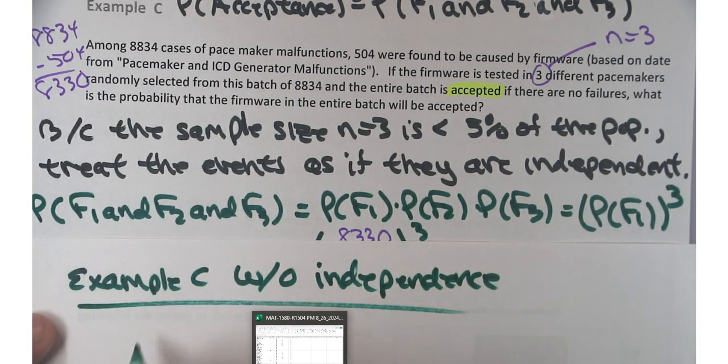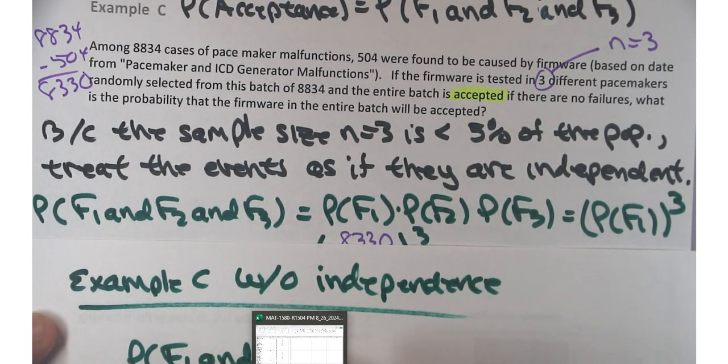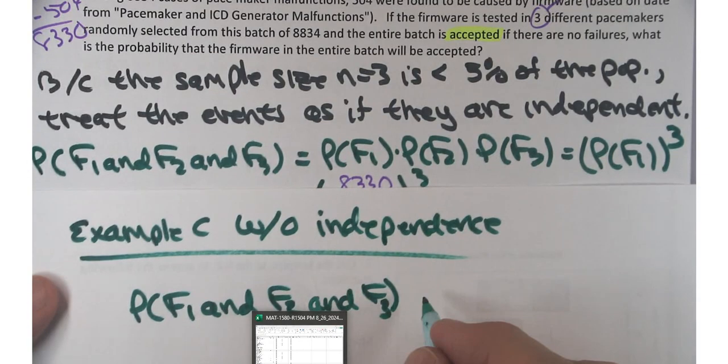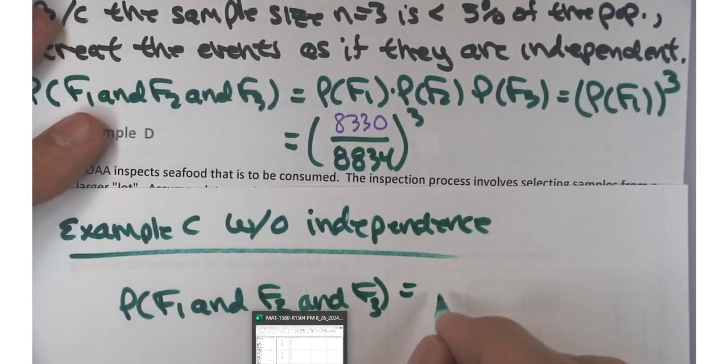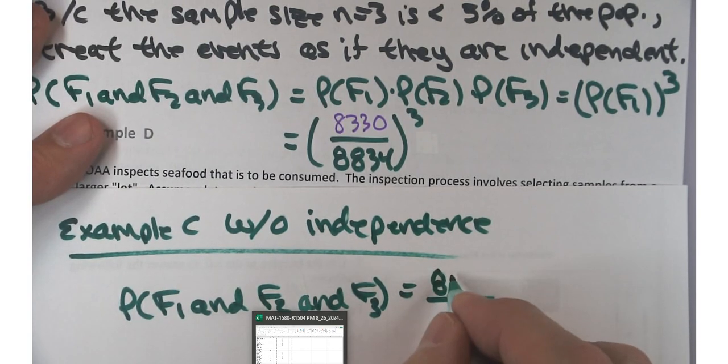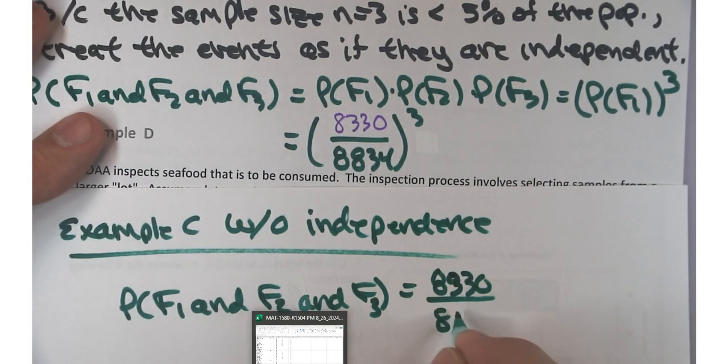It would look like probability of F1 and F2 and F3. The first one wouldn't change. You'd have 8,330 out of 8,834.